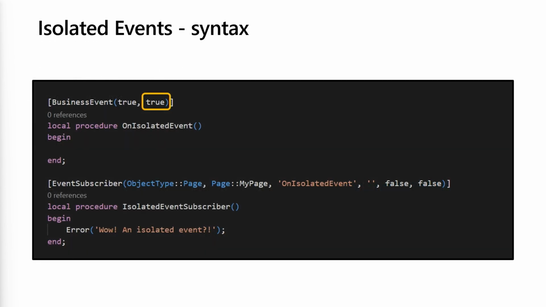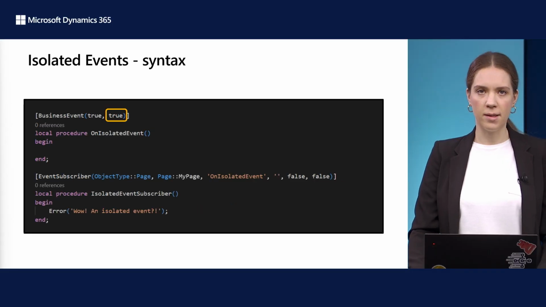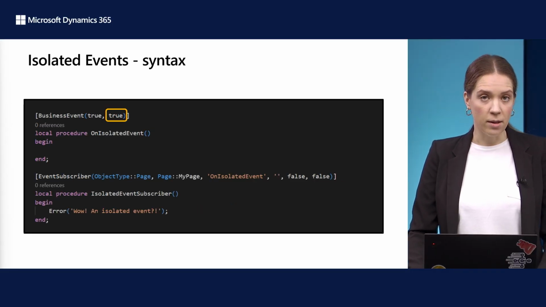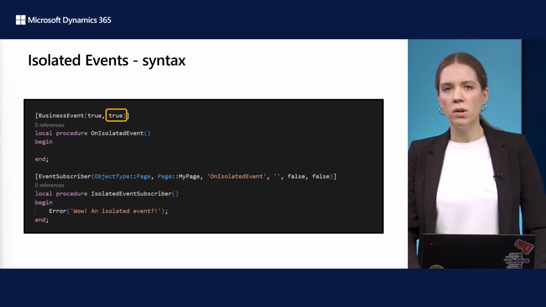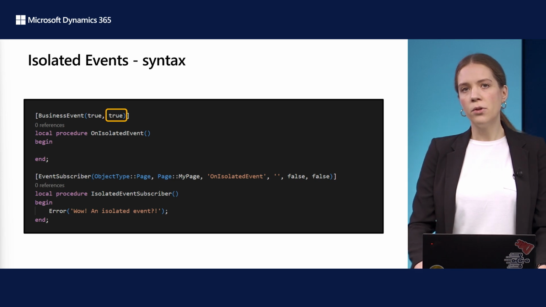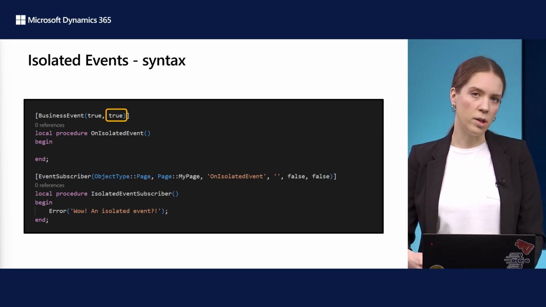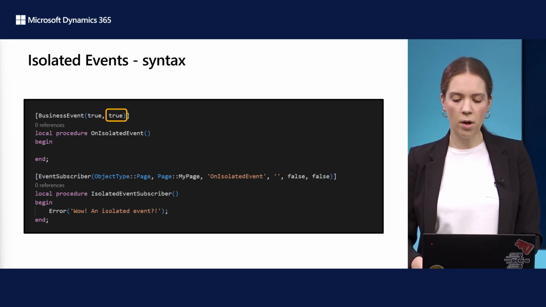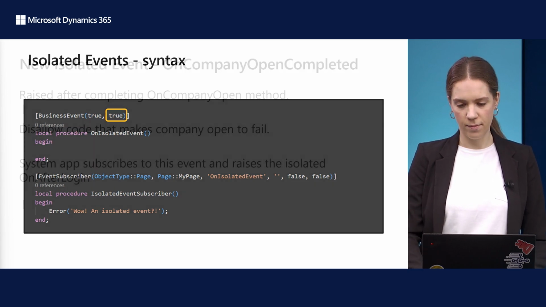This makes the feature relatively easy to uptake, as the event subscriber remains the same signature. You need to only add true to the event itself. Remember to revise the code that is calling this to make sure that there are no open write transactions before the event is raised.